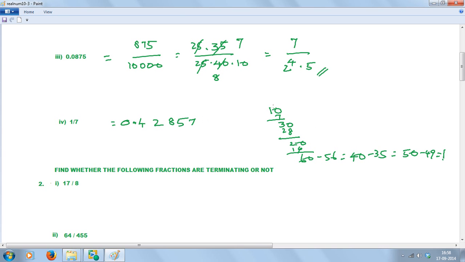So you come back to the original position. Now if you add 0 again, the same thing will be repeated. So these terms will not end.